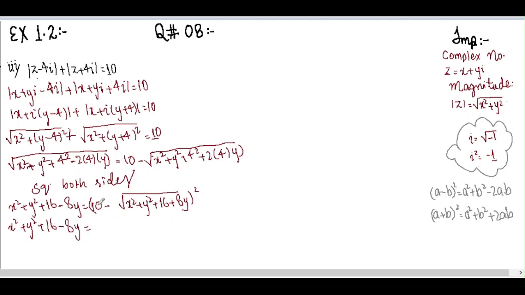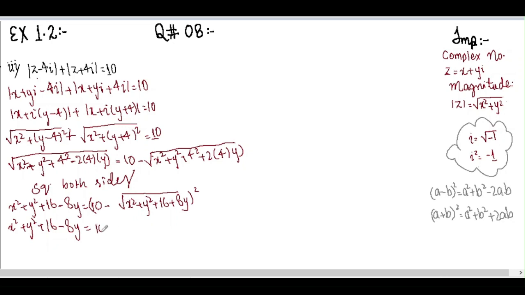Now this term makes (a minus b) whole square. You know its formula? (a minus b) whole square gives us a square plus b square minus 2ab. So now come over here and see a square plus b square minus 2 into a into b, where a is 10 and b is the square root of x square plus y square plus 16 plus 8y.